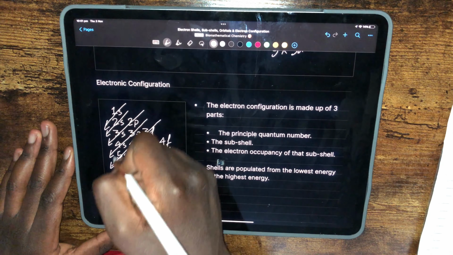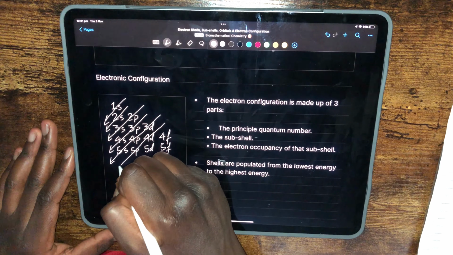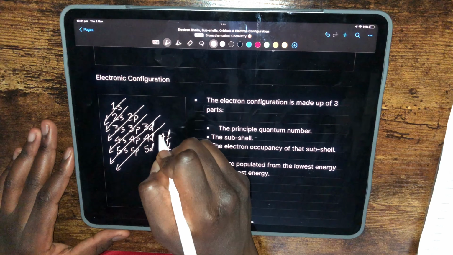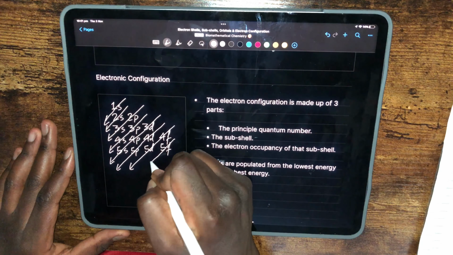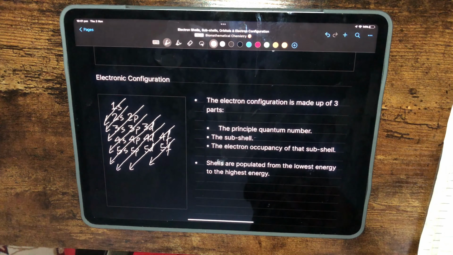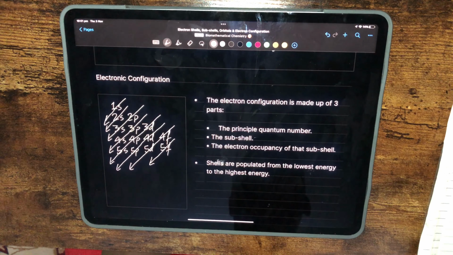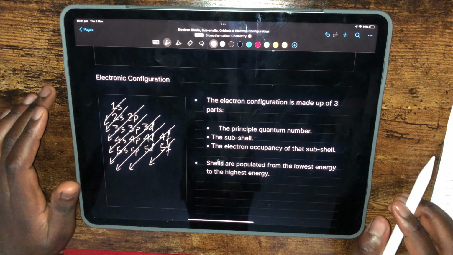And if you want to go lower, obviously it can apply to going over. So if someone asked me the electronic configuration of lithium, which has 3 electrons, I know it has a 1s2 and then a 2s1.